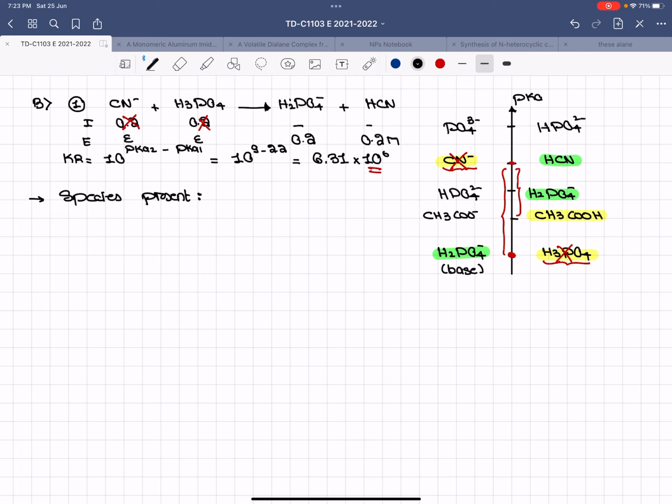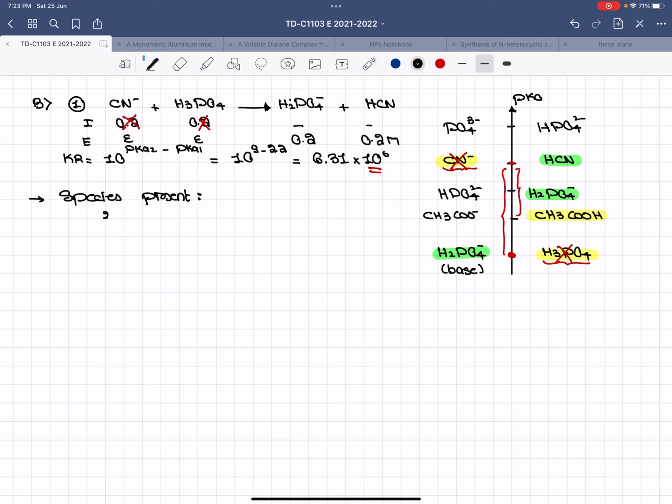If you have to react CH3COOH with H2PO4 minus, or HCN with H2PO4 minus, you will have an anti-gamma reaction, so all of the reactions will be limited. Let's find the reaction that is least limited, more advanced than the second.